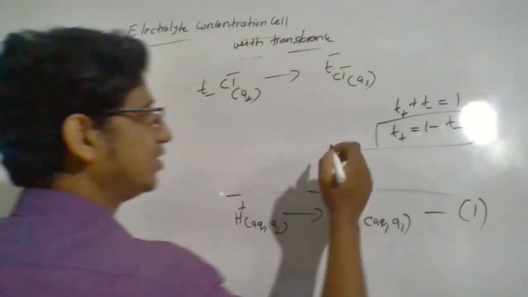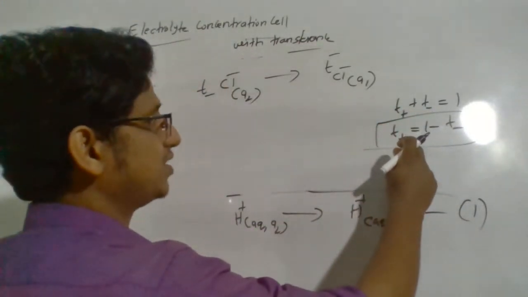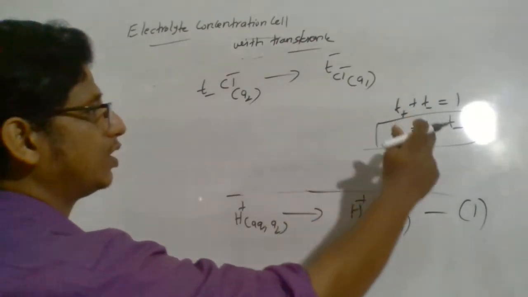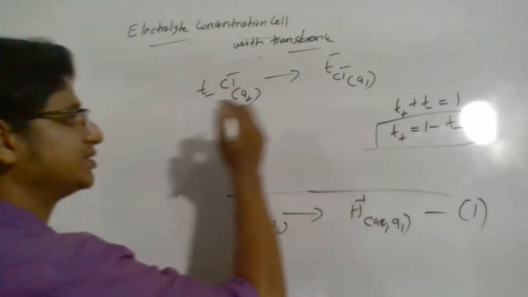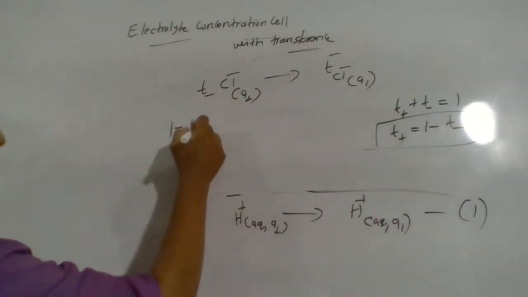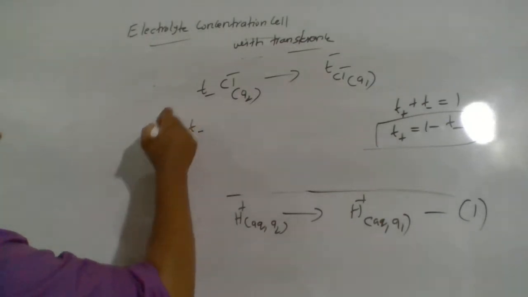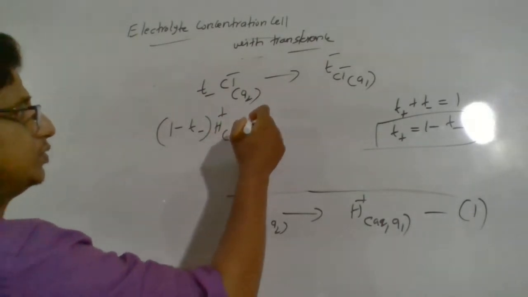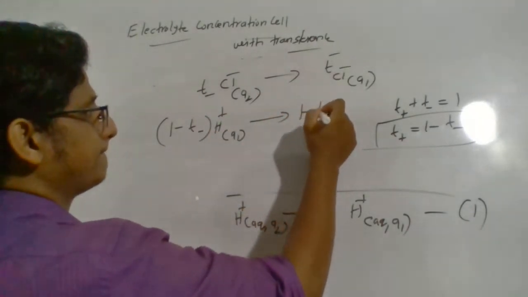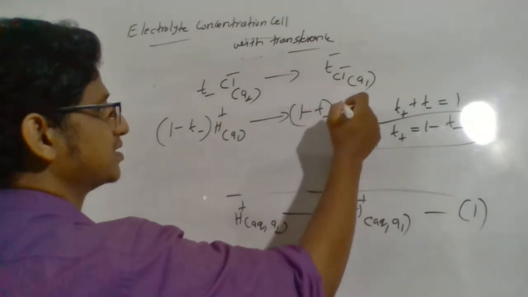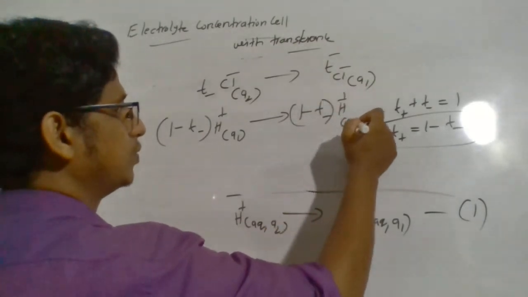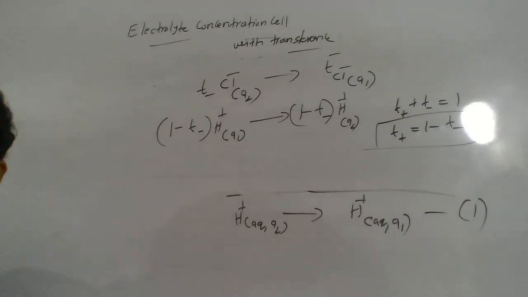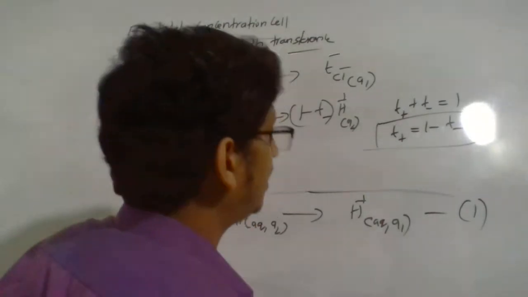So you imagine T plus H plus ions are moving from A1 to A2, or you can represent 1 minus T minus H plus are moving from A1 to A2. So that's the way you can represent this.